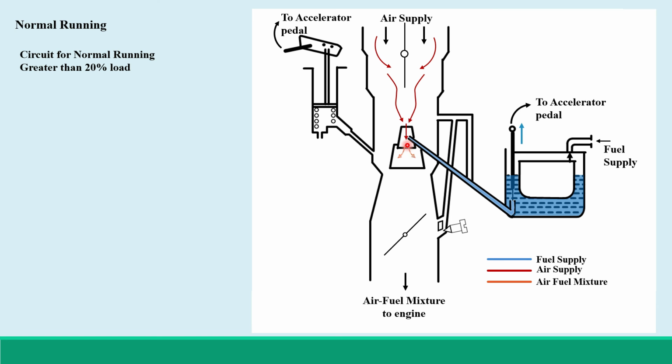They are forming an air fuel mixture transferred to the secondary venturi, and there is excess amount of air which is again mixed in the main tube, forming a leaner mixture required for normal running. Then this mixture is being passed on to the engine.